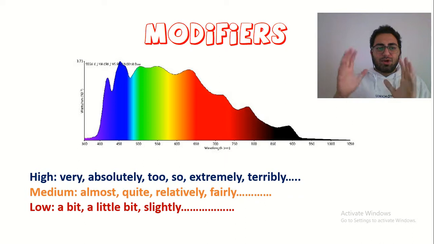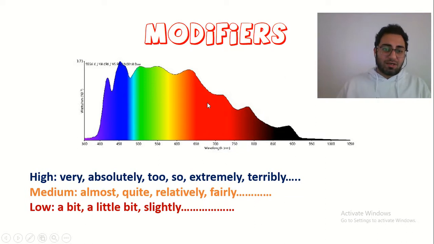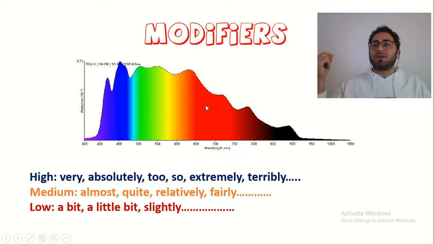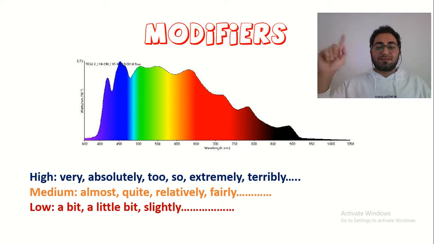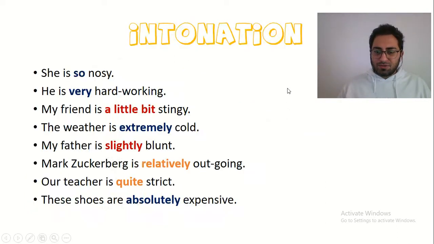And also the medium ones in the middle of this spectrum in terms of intensity, like quite, relatively, fairly, almost. And the last one, Rita, could you tell me? Yes, low in terms of intensity, like a little bit, a bit, slightly. Okay, nice, great. So far so good.